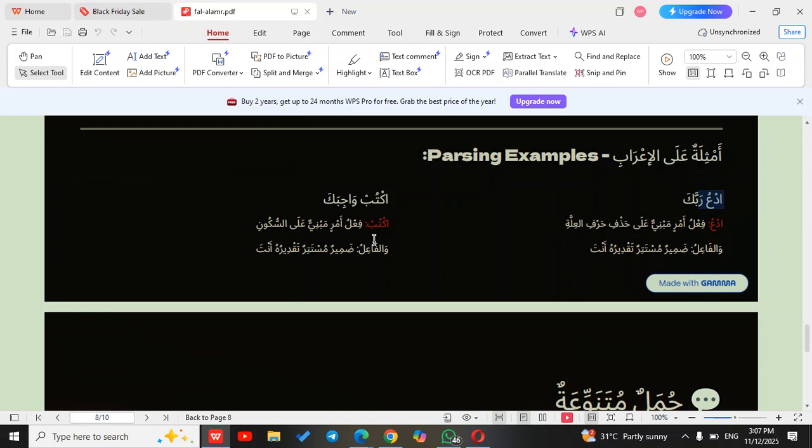But if it ends with fatha or with damma or anything, it means something is already attached to it. But if nothing is attached to fi'l amr, it's going to end with sukun, like uktub. So we are going to say fi'lun amrin mabniyun ala sukun.